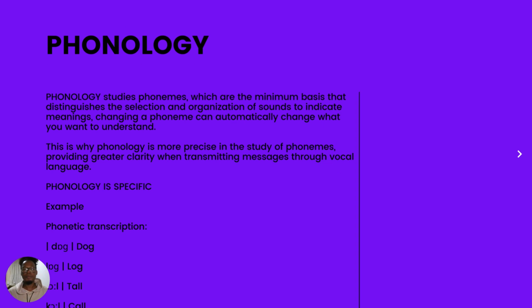Now, phonology. Phonology studies phonemes, which are the minimum units that distinguish meaning, through the selection and organization of sounds to indicate meanings. Changing a phoneme can automatically change what you want to communicate.